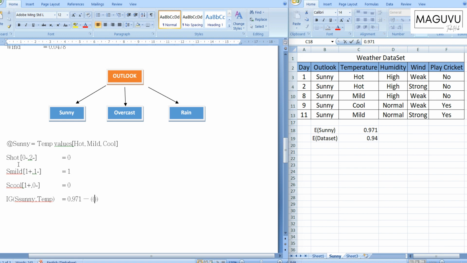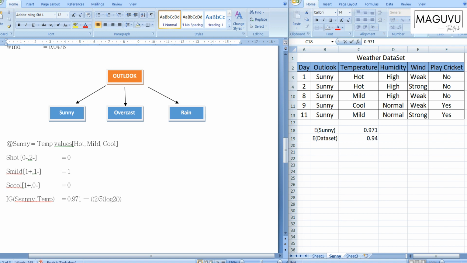When we are looking at that, then we need to say, okay, 0 plus 2 gives us a 2. Now, instead of dividing by 14, which is the whole dataset's number of rows, we now divide by 5 because sun appears 5 times, or 5 days, in this sub dataset. So it's now divided by 5. This is key, what we always have to remember.